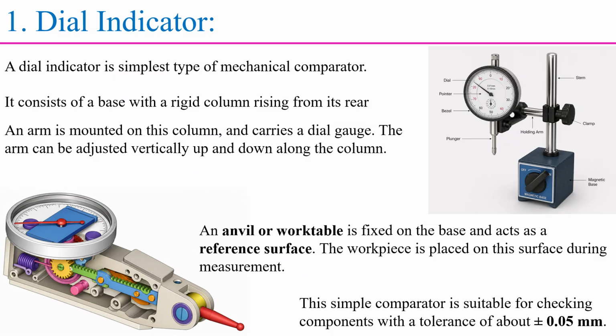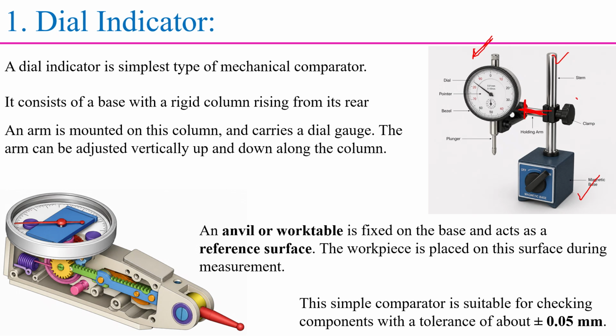This is the schematic representation of the dial indicator, which is used in general in industries. The dial indicator is the simplest type of mechanical comparator. It consists of a base with a rigid column rising from its rear. An arm is mounted on this column and carries the dial gauge.